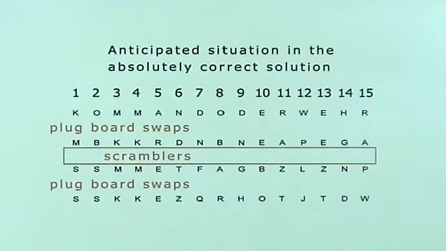I now place the loop template to these 2 rows of letters. I start the loop at the scrambler 8.